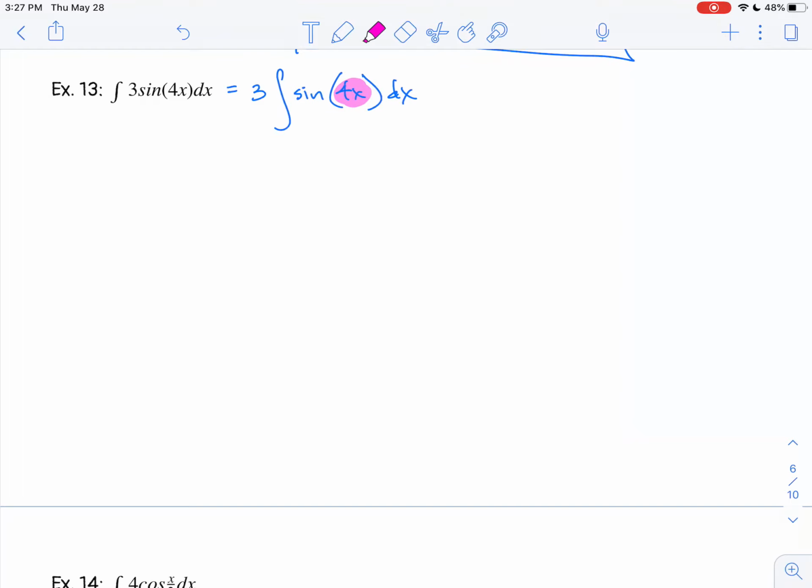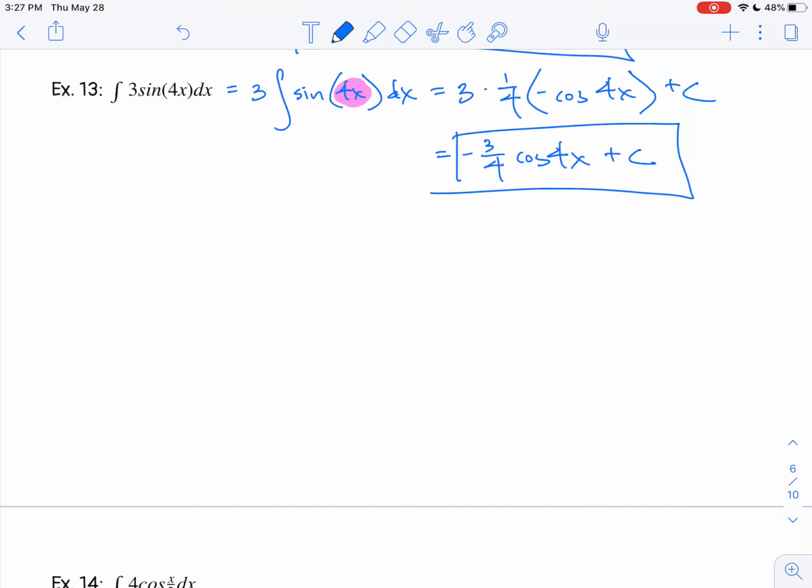And that means my du is going to be 4 dx, and then I'm going to have to divide by that 4. So that's going to give me 3 times 1/4 integral of sine is cosine, but it's a negative cosine, of 4x plus c, okay? And that would give you negative 3/4 cosine 4x plus c.